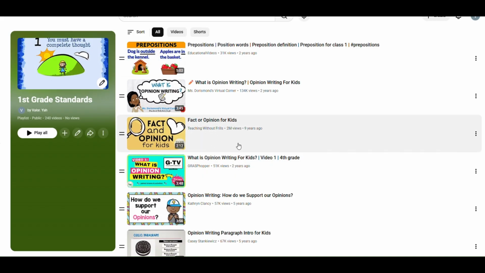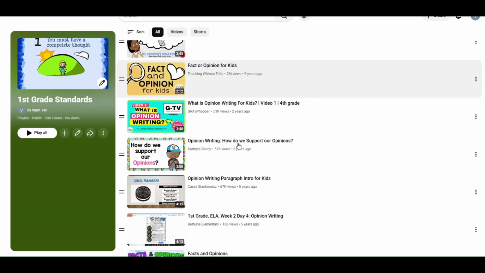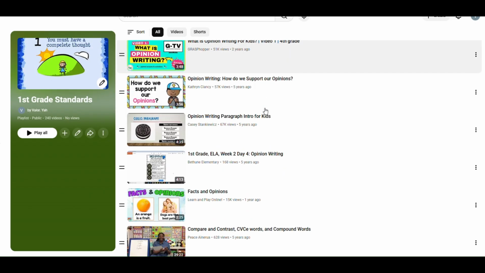Or there's an opinion. What's the difference between the two? Even though this does say 4th grade right here, it is, again, we're doing stepping stones, so that way it's not scary. Writing a sentence for an opinion is what is required for the 1st grade.